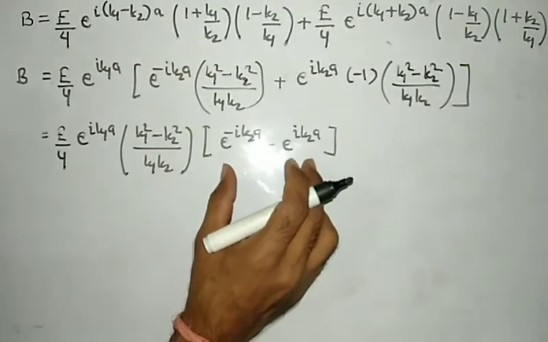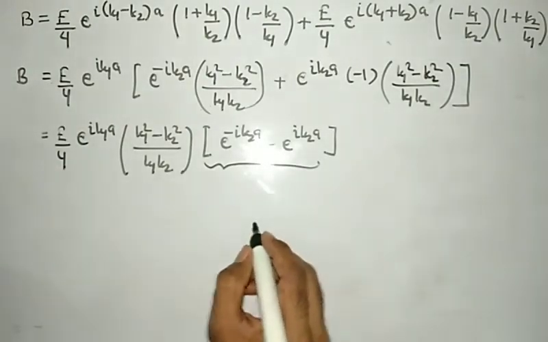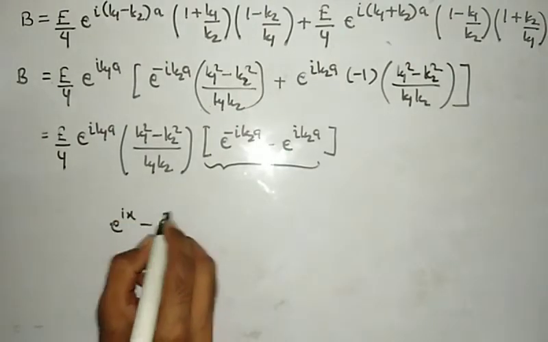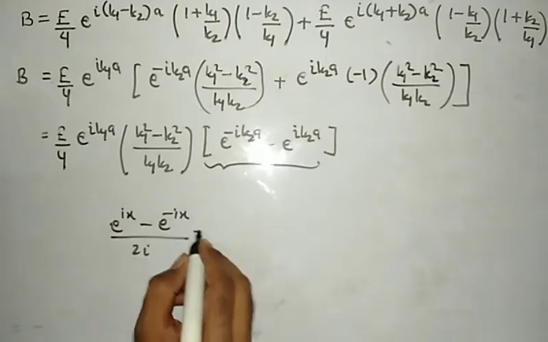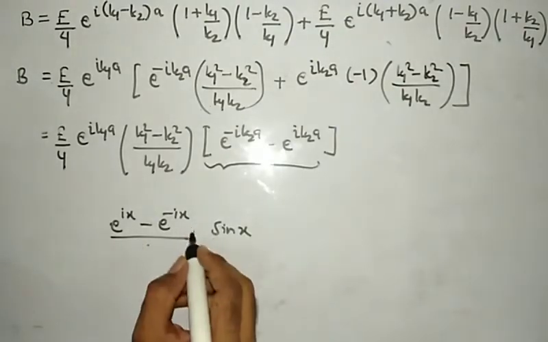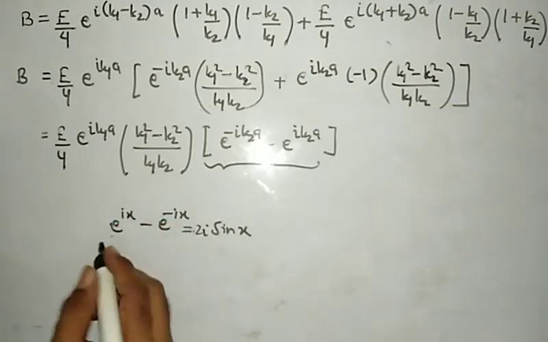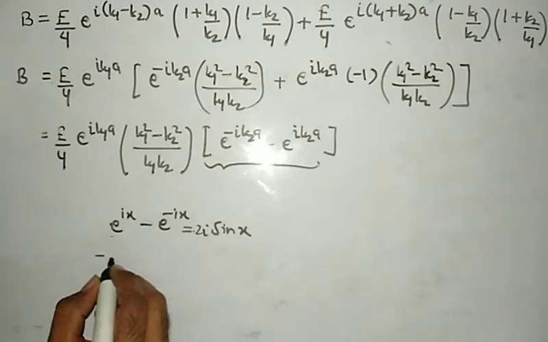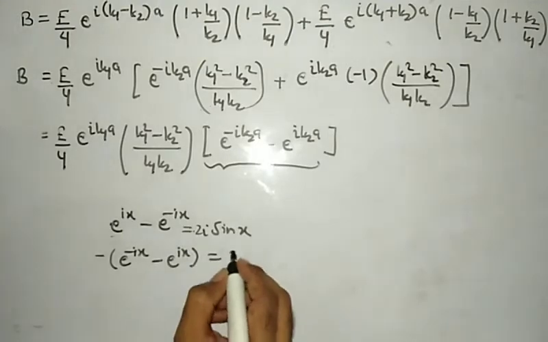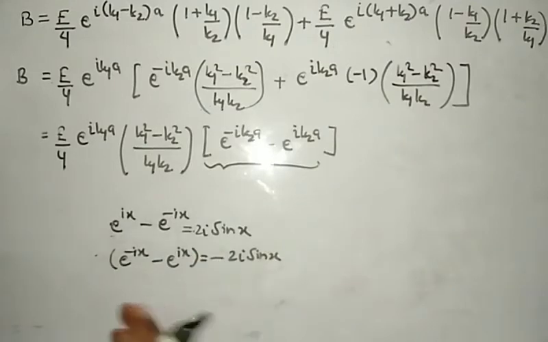Now as before, this is also converted: we have shown that e to the power ix minus e to the power minus ix upon 2i is sin x, or we can shift the 2i here.